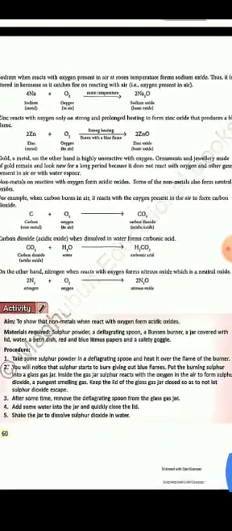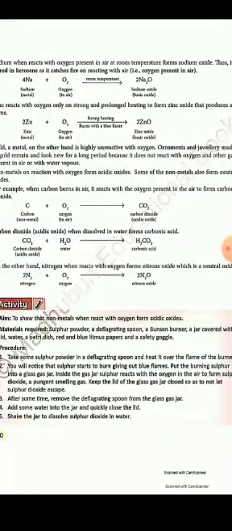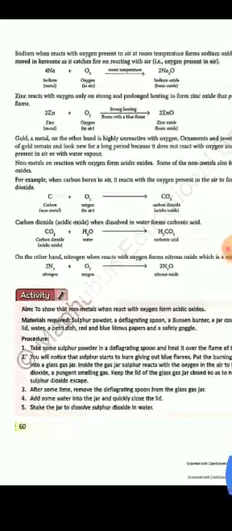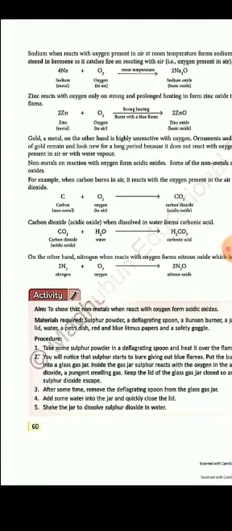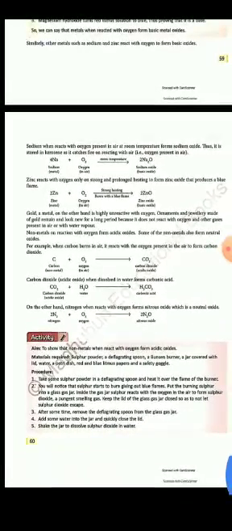We will see that some solution will be prepared there. Now we will put blue litmus paper or blue litmus solution into it. We will see that it turns red. That means the substance produced is acidic in nature.